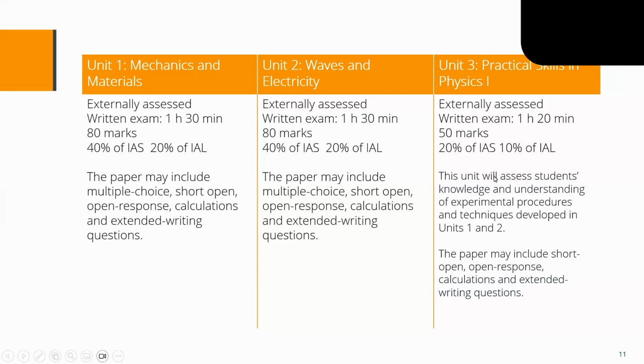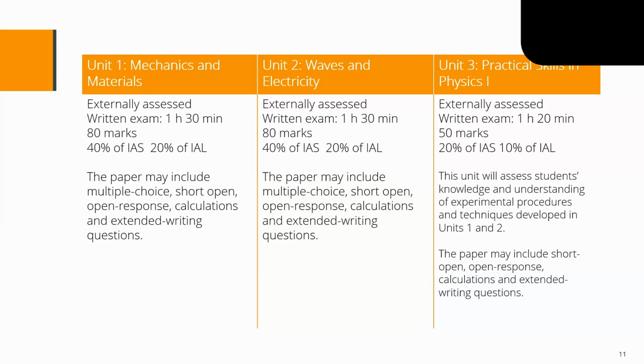And Unit 3 is assessing the practical skills, the knowledge and understanding from experimental procedures and techniques that have been developed while students were doing practical activities as they studied Units 1 and 2, the 2 content modules. The paper also includes short open response, calculations and extended writing questions, no multiple choice questions in the Unit 3 practical paper.